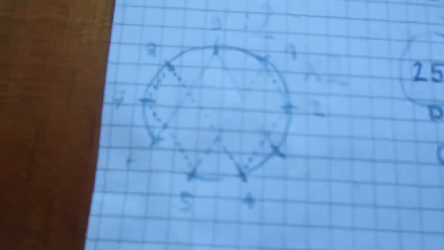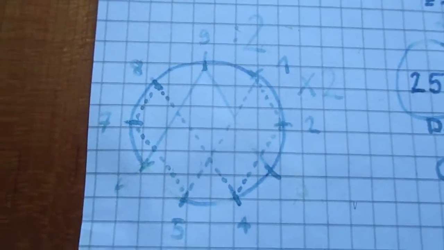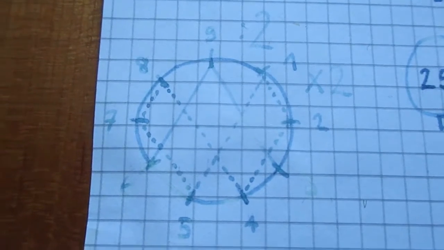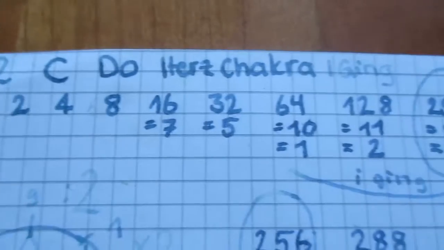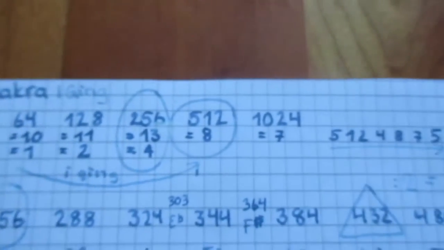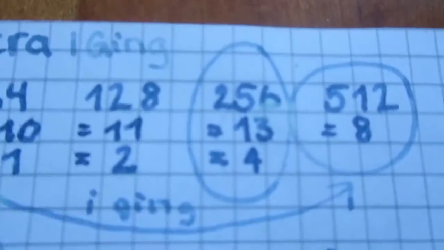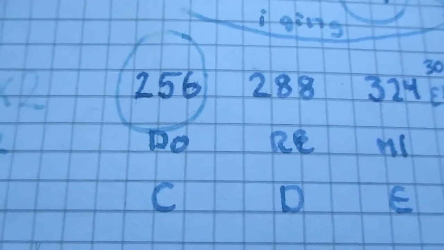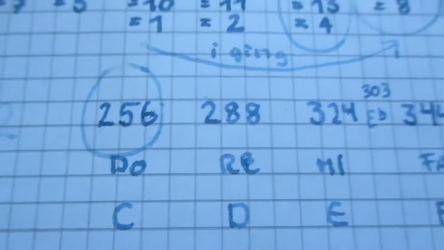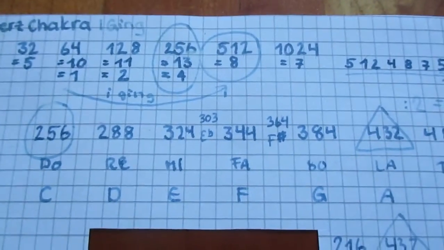so why did we part and double the amount of 1? Well, here you see this row that I got, and by that one I get to 256, which is middle C in the Vedic tuning. So now we have sound.